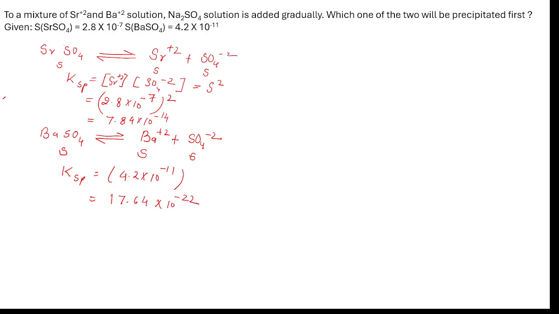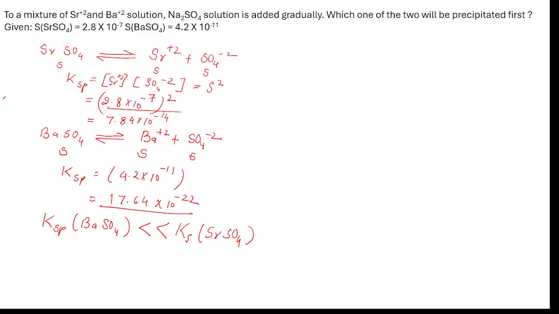So from here we can see that the Ksp value of BaSO4 is very much less than the Ksp of strontium sulfate.